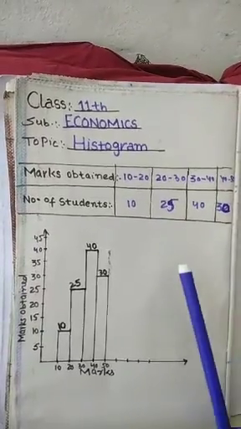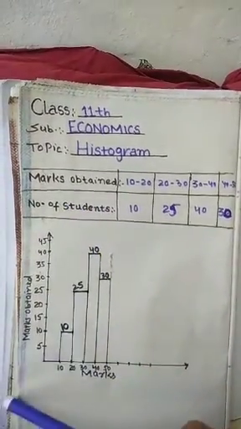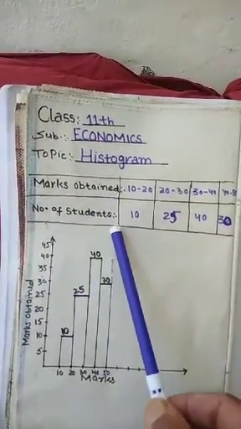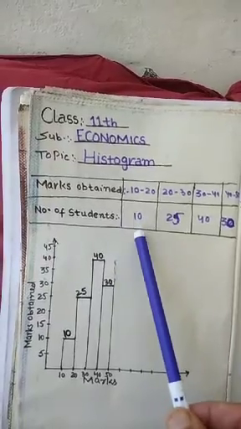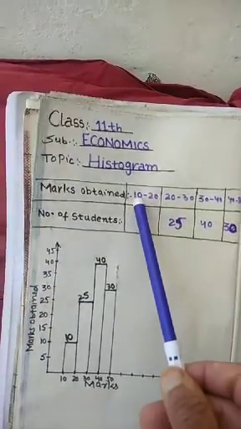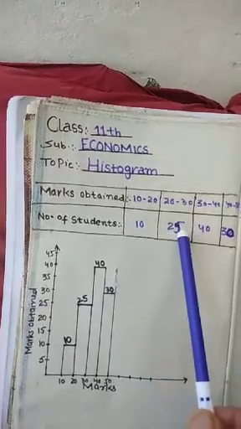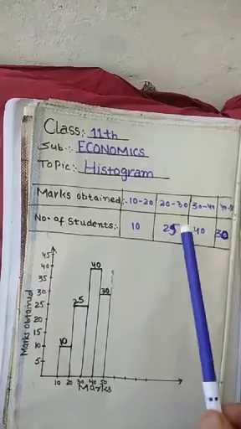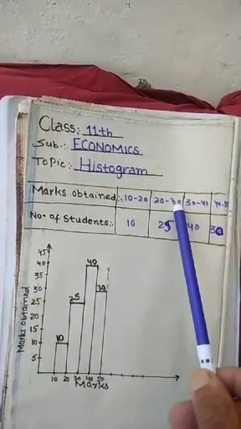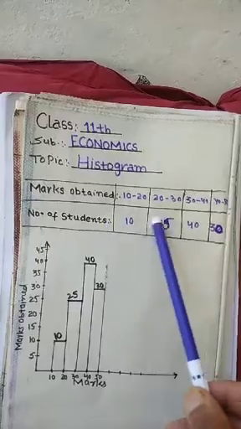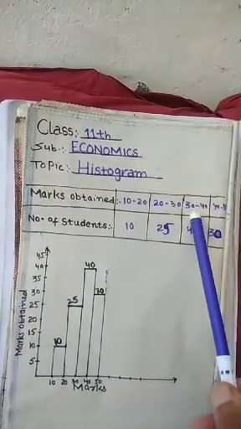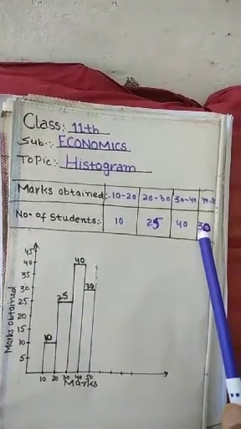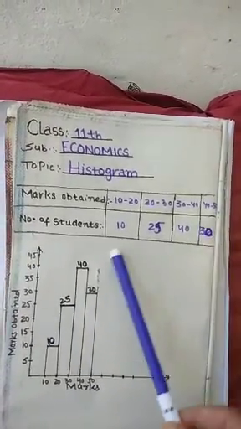After conducting the test, the teacher gets the record like this. 10 students have got marks between 10 and 20, and 25 students have got marks between 20 and 30. Likewise, there are 40 students who have got marks between 30 and 40, and there are 30 students who have got marks between 40 and 50.